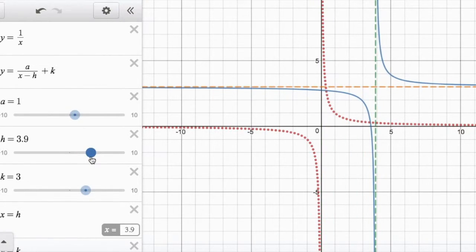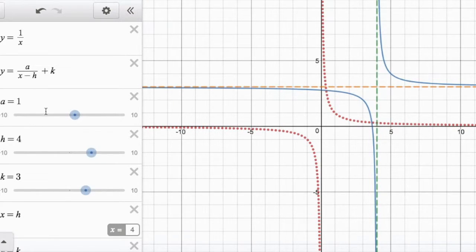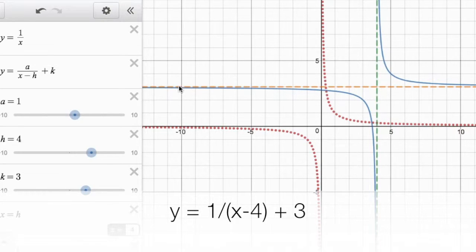If we have y equals 1 on x minus 4, plus 3, that's what it looks like: moved 4 to the right and 3 up.